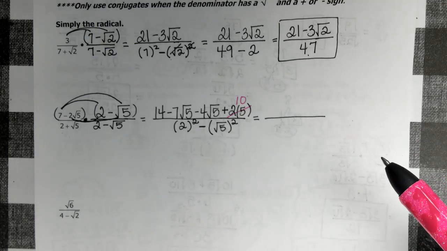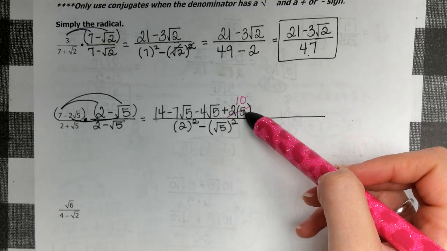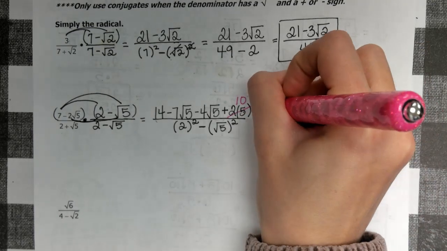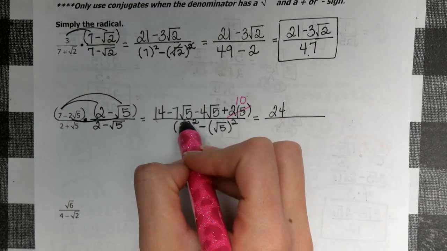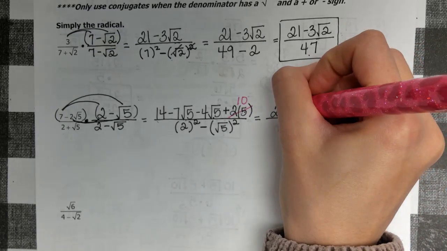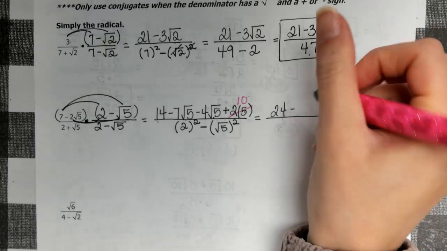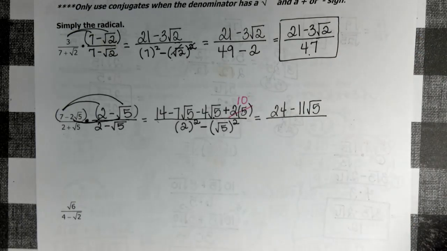So I need to clean up my numerator. 14 plus 10 gives me 24. Negative 7 square root of 5 minus 4 square root of 5 gives me what? Negative 11 square root of 5.